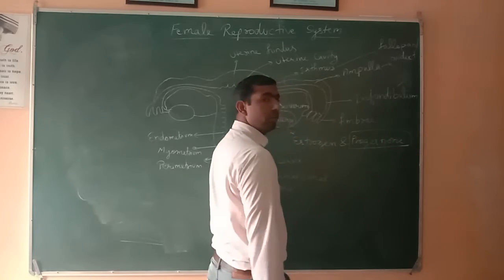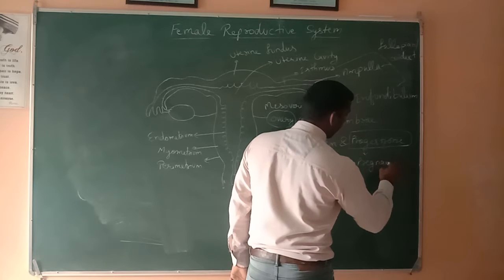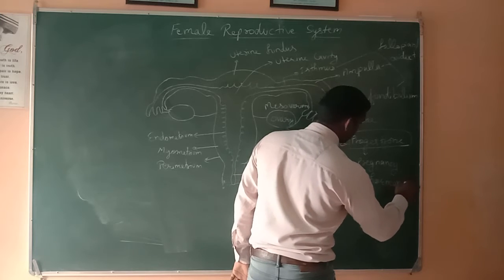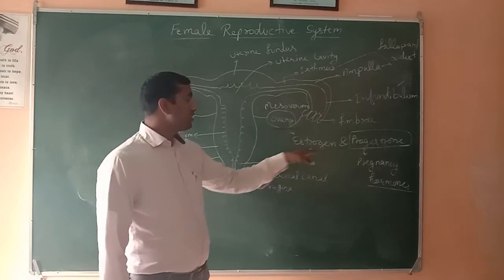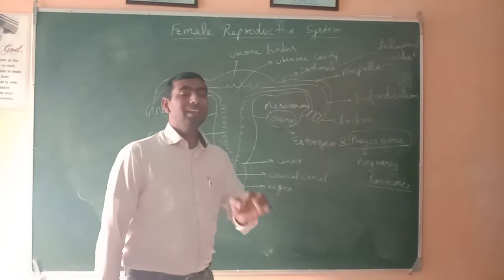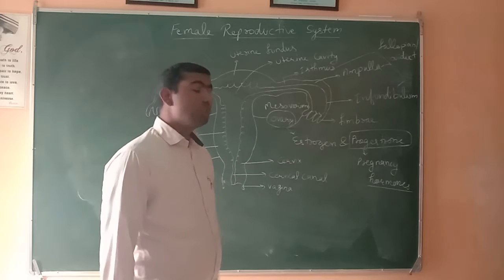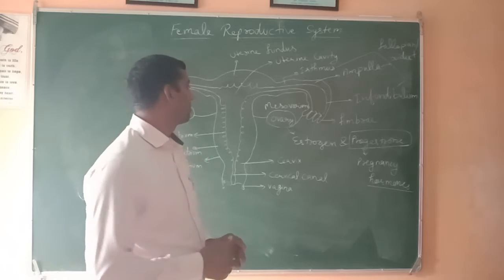Progesterone is also known as the pregnancy hormone. So, the ovary releases these two main female sex hormones. They control the secondary sexual characters in females.